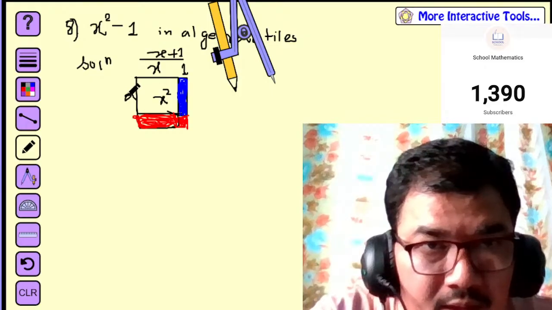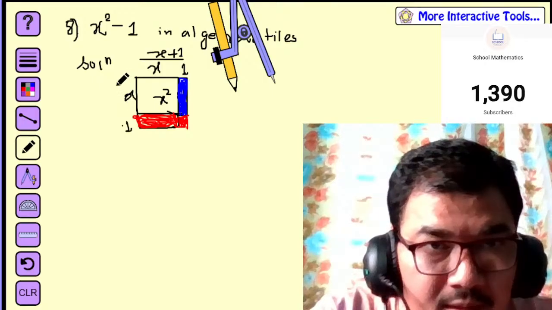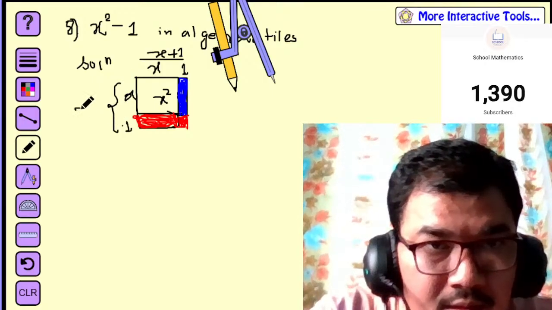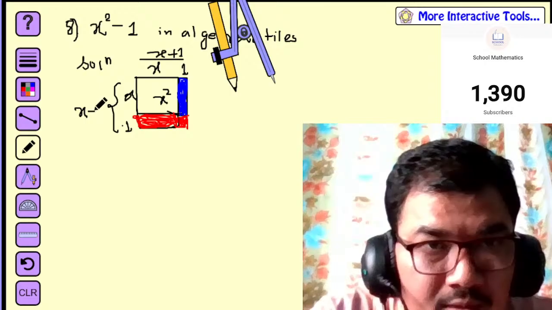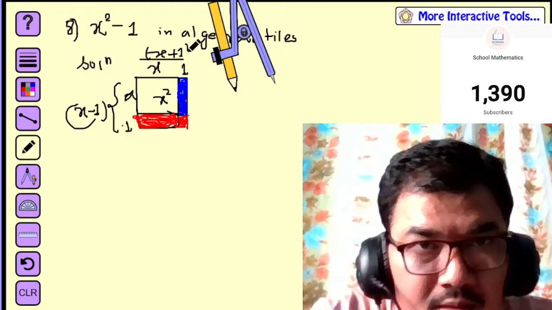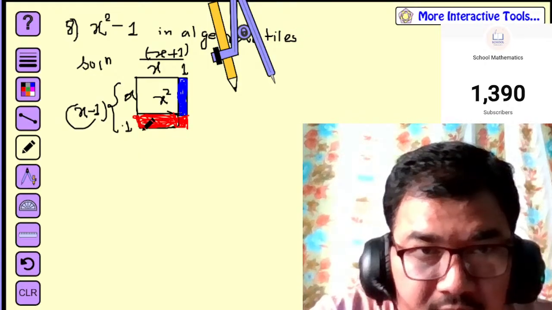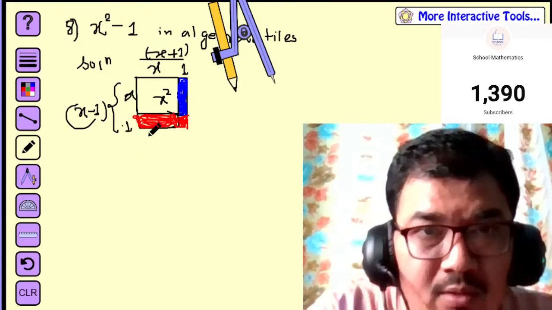As we know, this is x, okay? And this is minus 1, this 1, okay? Then what happened? This total 1 is here. This is x minus 1, okay? This part is x plus 1, and this part is x minus 1, right? Now let's check here. This is also, now what happened here?